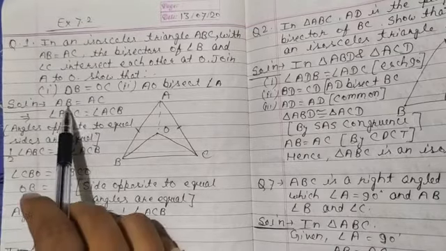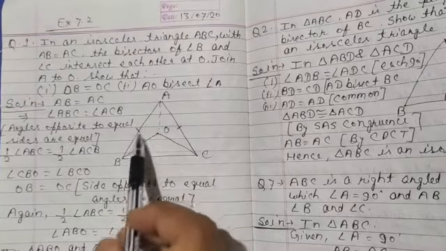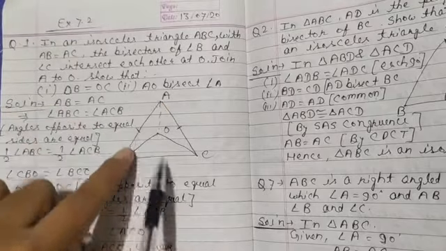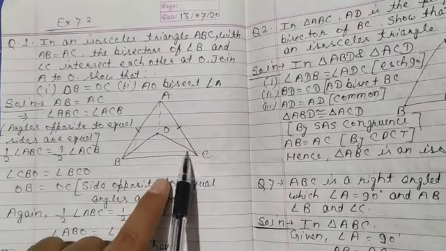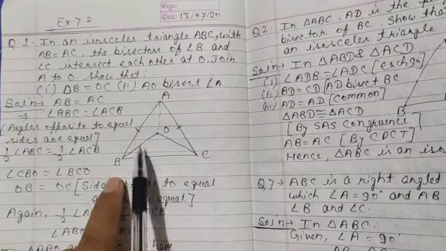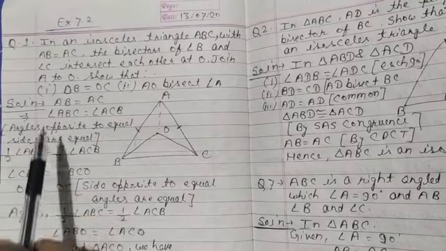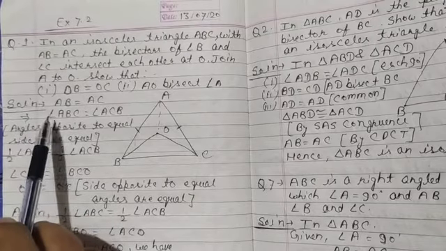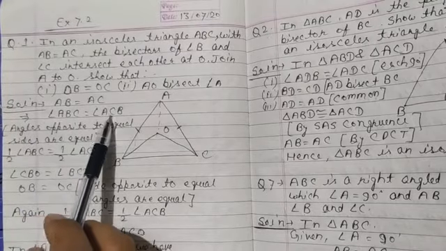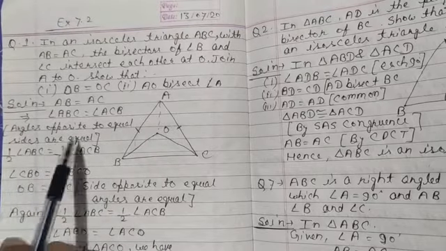AB is this side, and the opposite angle of this side is angle ACB. AC is this side, and the opposite angle is angle ABC. So we can write angle ABC is equal to angle ACB. The reason is angle opposite to equal sides are equal.